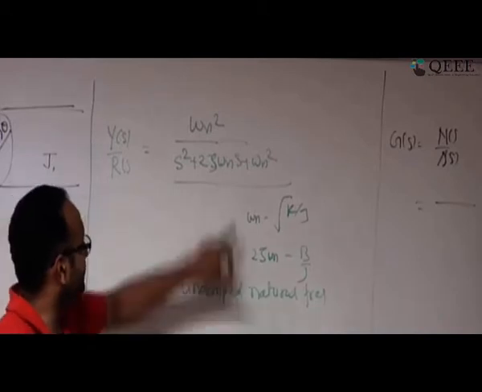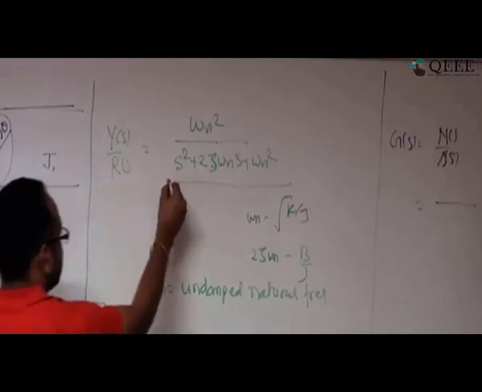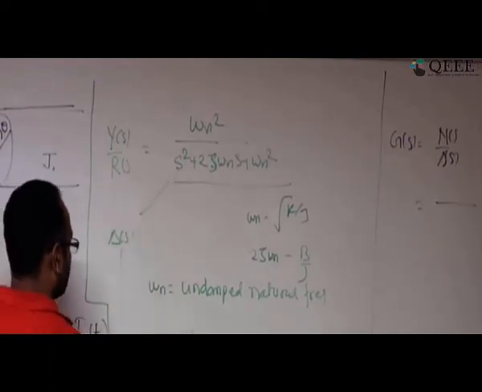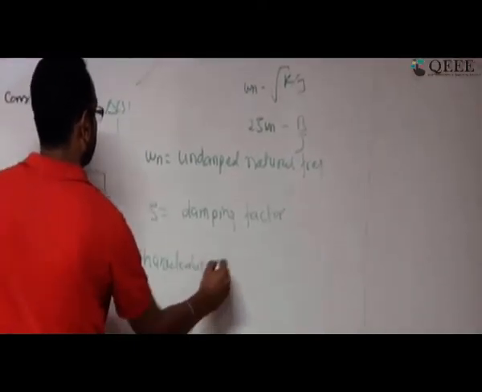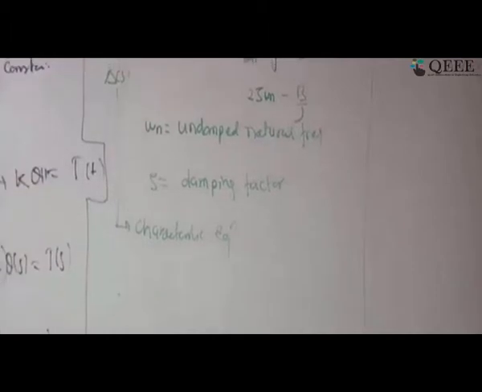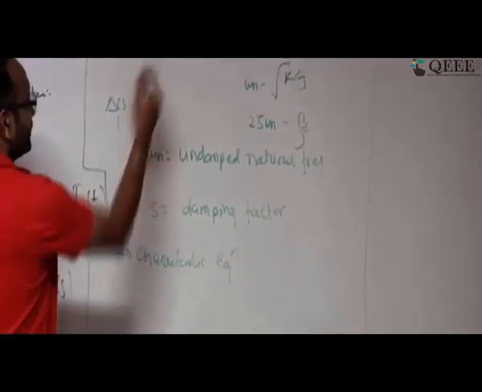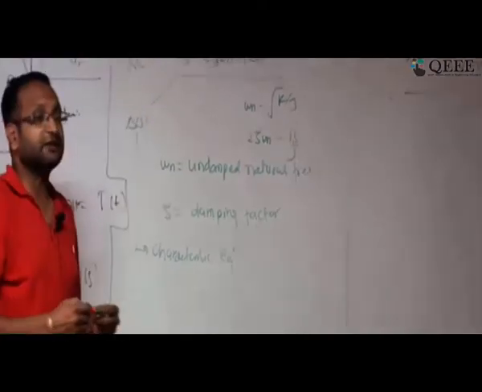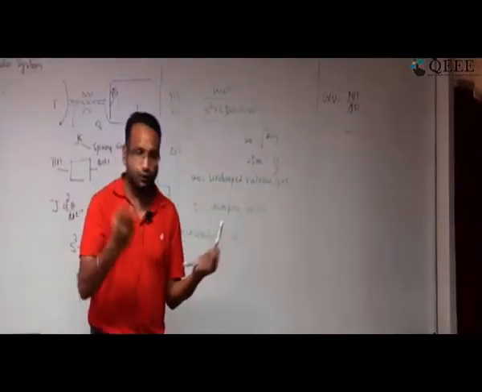So this is my standard form of second order system. Omega n is the undamped natural frequency, zeta is called the damping factor, and this is the way I am writing it. Okay. Now this denominator, if you look in the literature, is also called the characteristic equation. Here, as this is a second order system, there are going to be 2 poles because 2 roots exist.